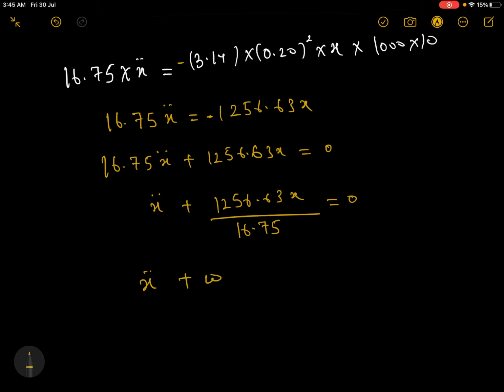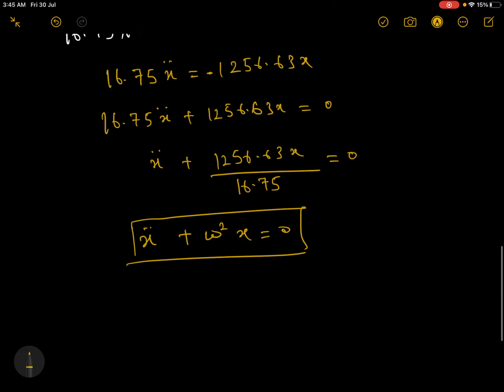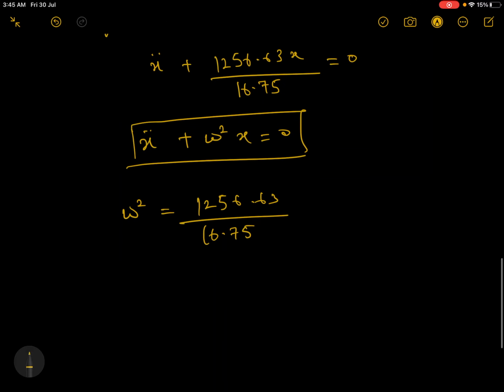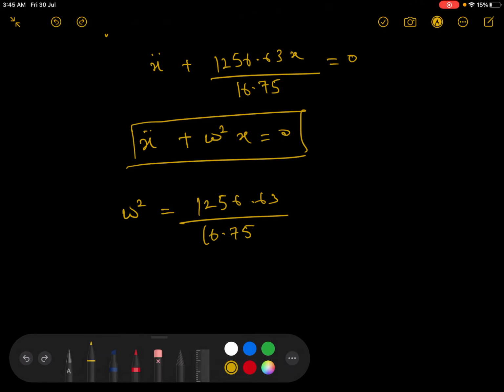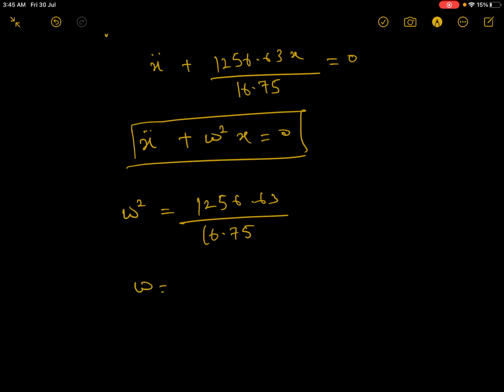Now if we compare it with the standard equation of the vibration of a spring mass system, we can directly write omega square is equal to 1256.63 upon 16.75. Now if we simplify it, we'll get omega around 8.66 radians per second, which is the natural frequency of the system given to us.